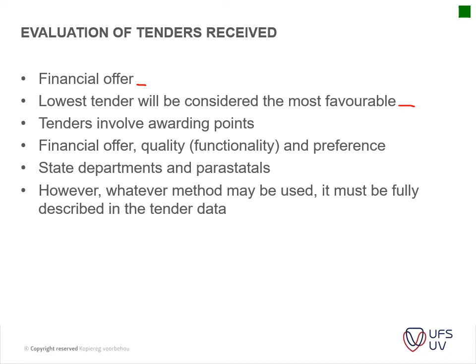Tenders involve awarding points. This is the preference points that I was talking about, the 80-20 rule. Then the financial offer, quality, functionality and preference is used. State departments and parastatals usually use these types of preferential points. However, whatever method may be used, it must be fully described in the tender data.